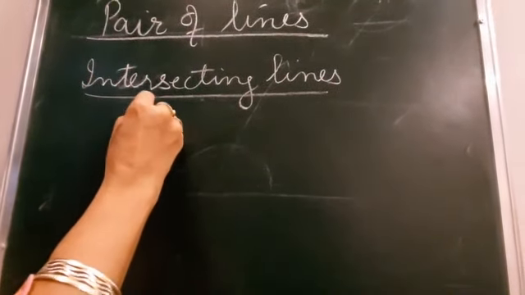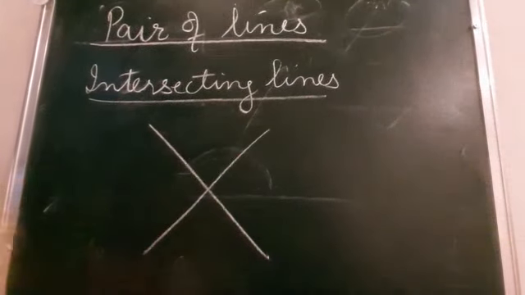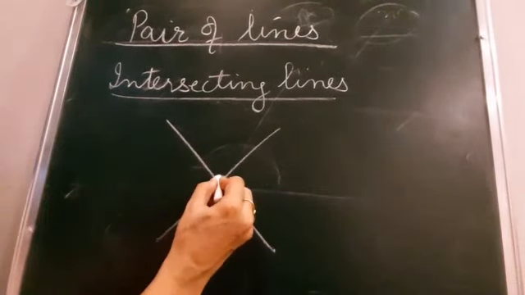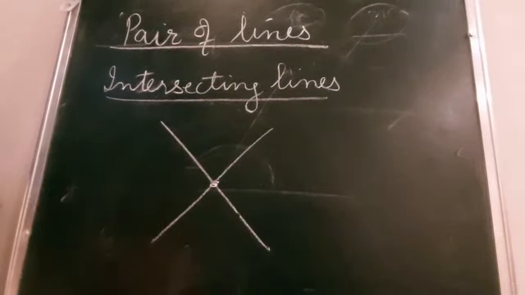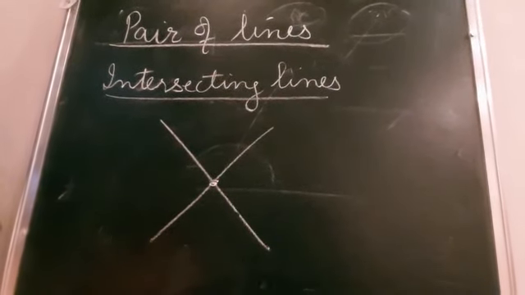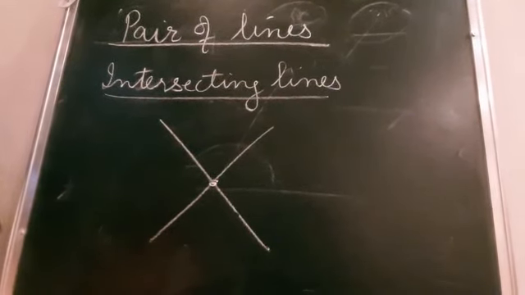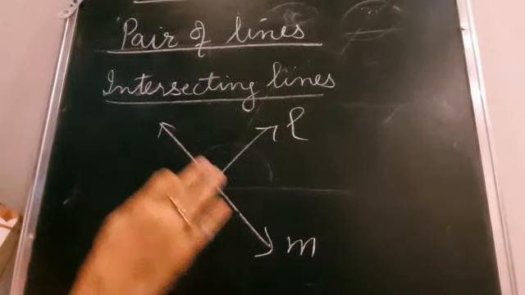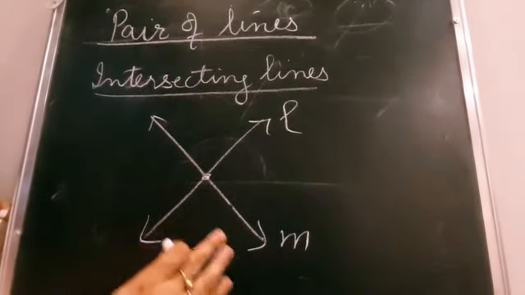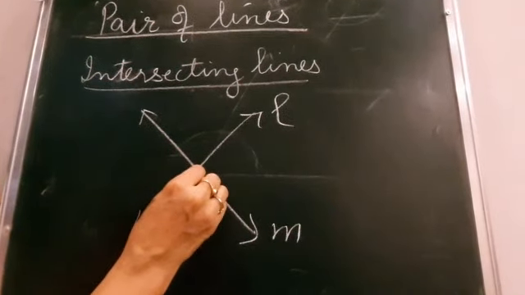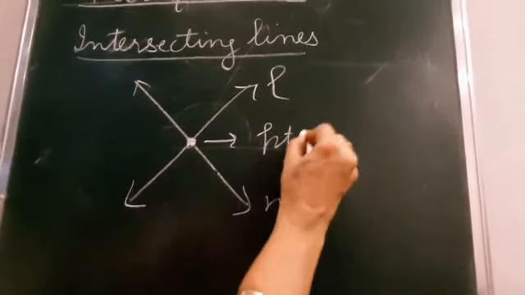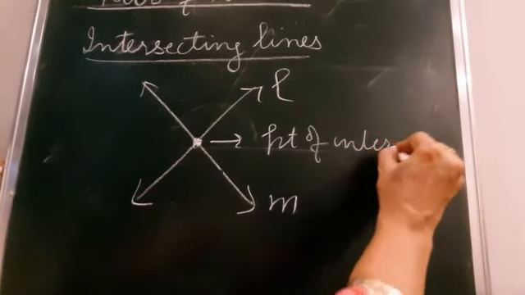Now these lines are said to be intersecting and this common point is called the intersection point. This is line L and this is line M. Two lines are intersecting each other when they have a common point. This common point is called the point of intersection.